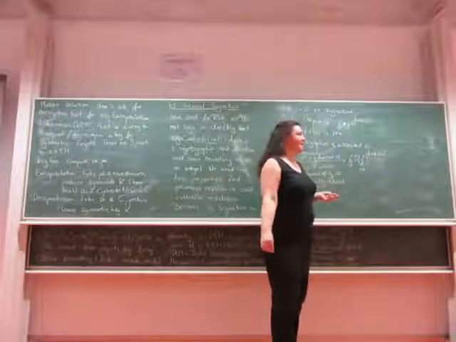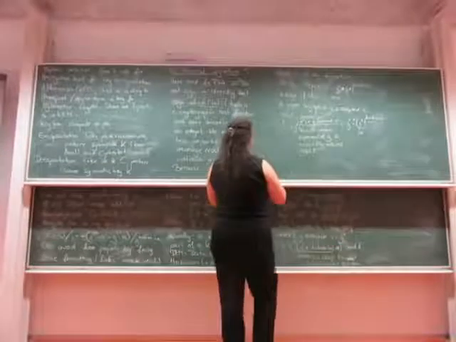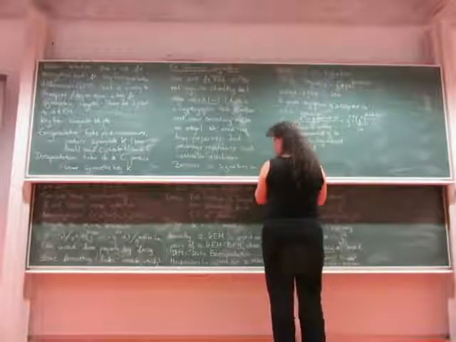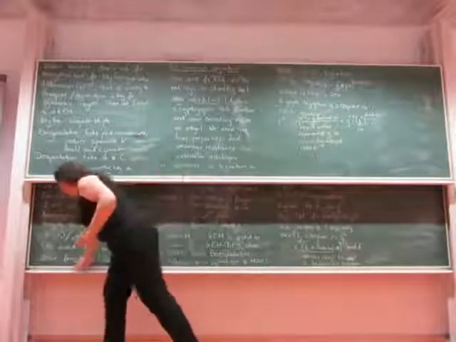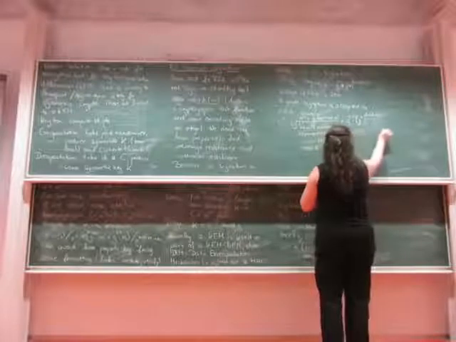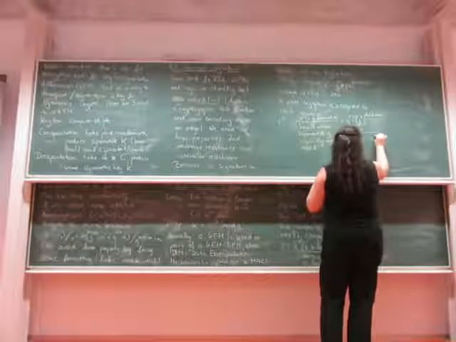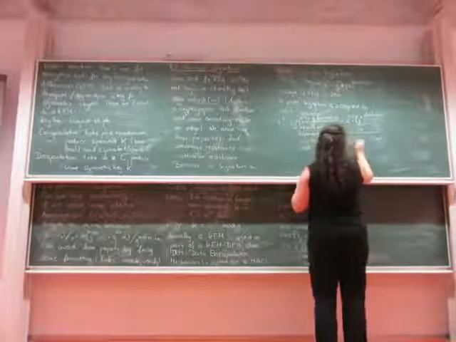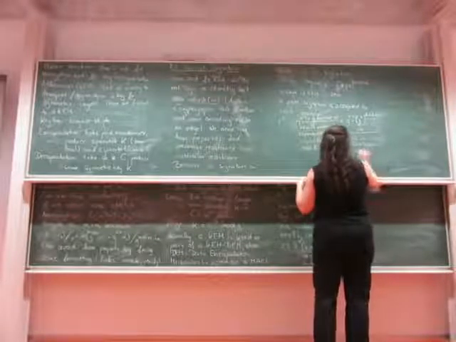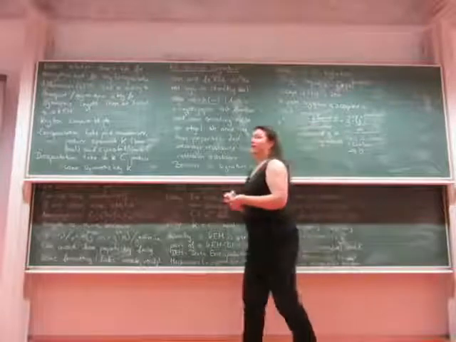So I'm getting 0 for a valid signature. So this is what I subtracted.